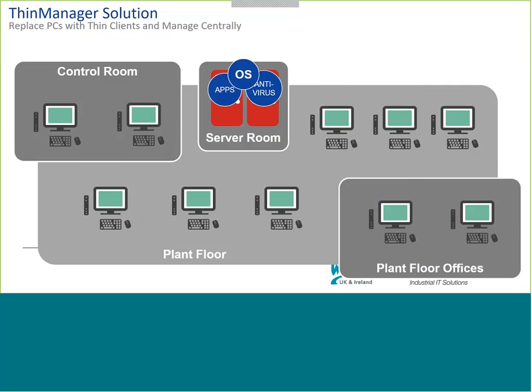So now straight away you can see that we've only got one set of operating systems to manage, one set of applications to manage, one set of antivirus to manage, and all of those single instances have now been removed. You can also see that the thick clients have been replaced by thin clients, so more secure. I'll touch on that later on.